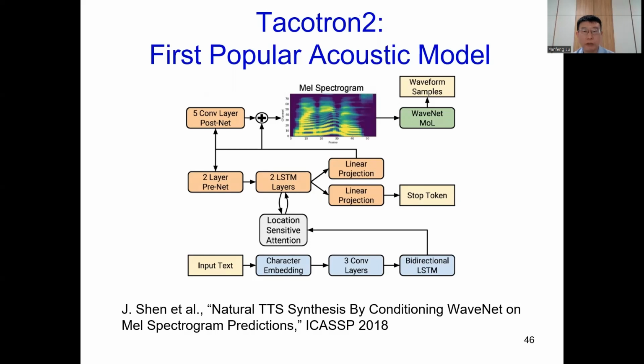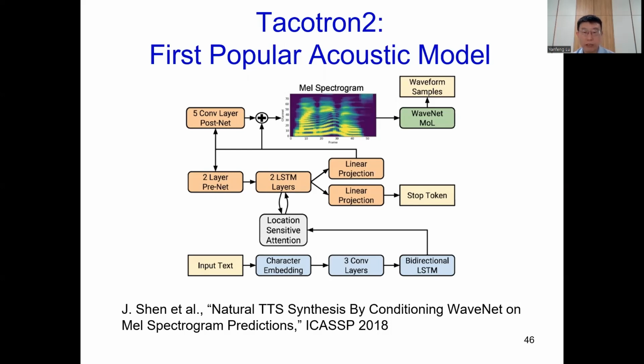So the previous one is the development in vocoder. Then people, inspired by the WaveNet, were trying to make progress also in acoustic modeling. So Tacotron 1 and Tacotron 2 are the first results of this effort. Tacotron 2 is very popular and even still popular these days.